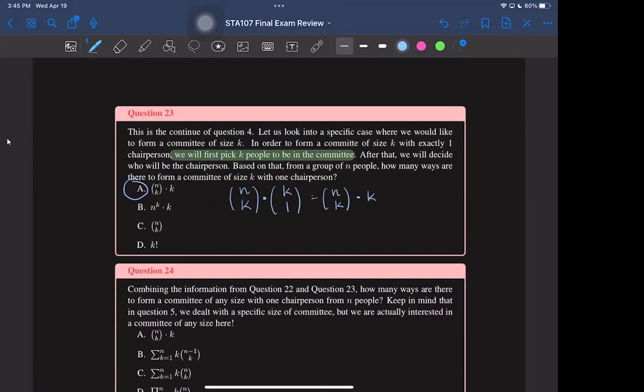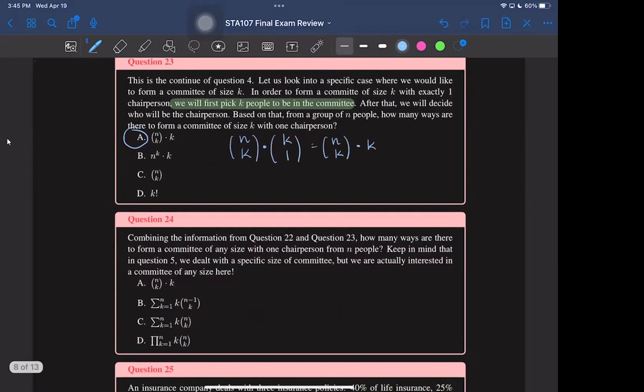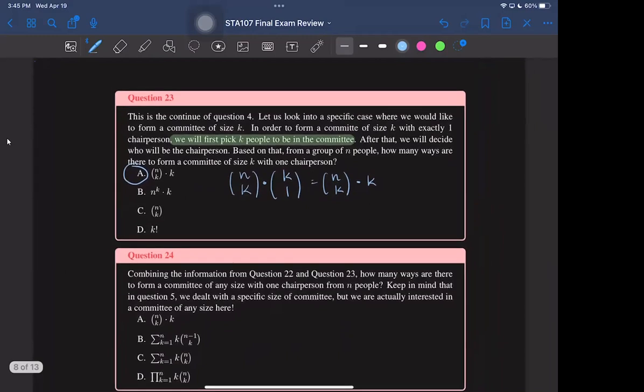Okay, now let's do question 24. You will need to combine the information from the previous two questions. Question 22 says that the size of the committee can be 1, 2, 3, up to n.